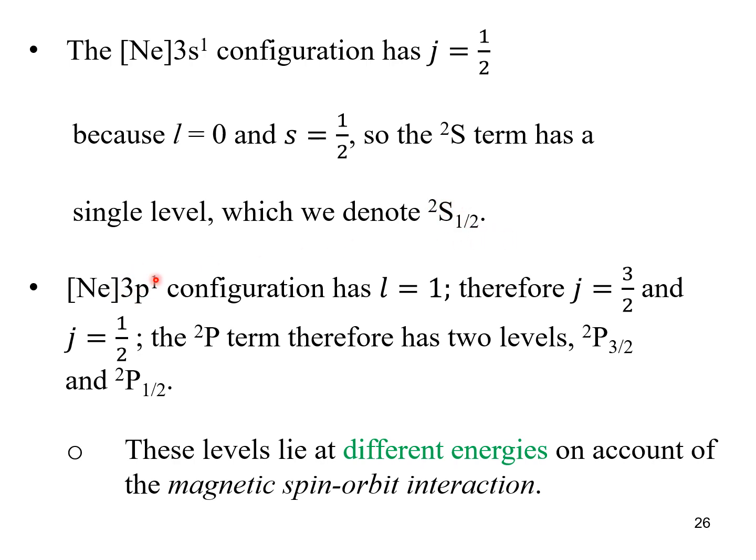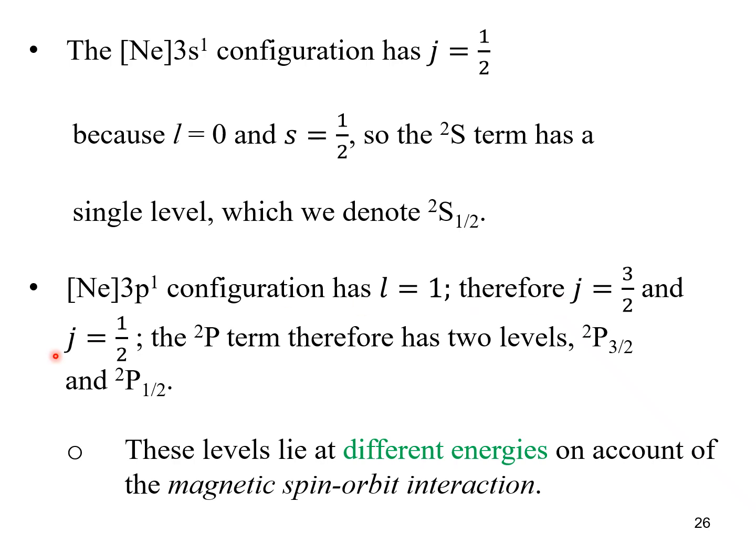And for one electron in p orbital, the configuration has L equals 1 because of the p orbital where the electron is occupied. Therefore, the value of J is 3/2 and 1/2, which comes from L plus S. So 1 plus 1/2, the spin quantum number S is 1/2, so 1 plus 1/2 you get 3/2, and 1 minus 1/2 you get 1/2.